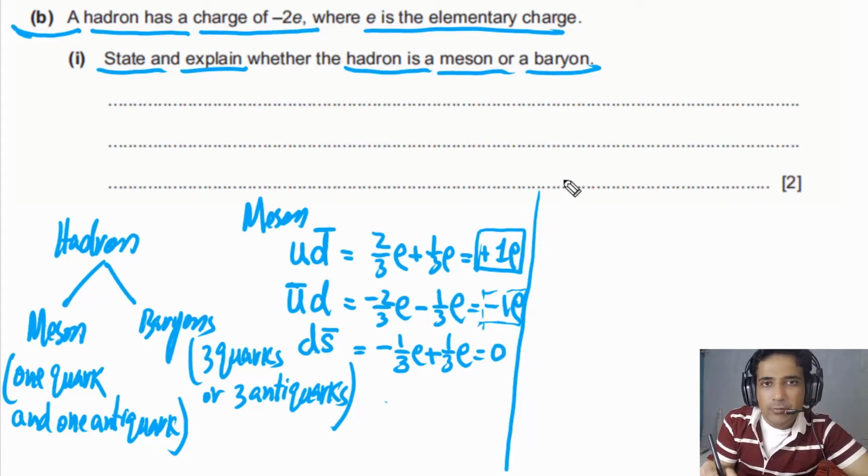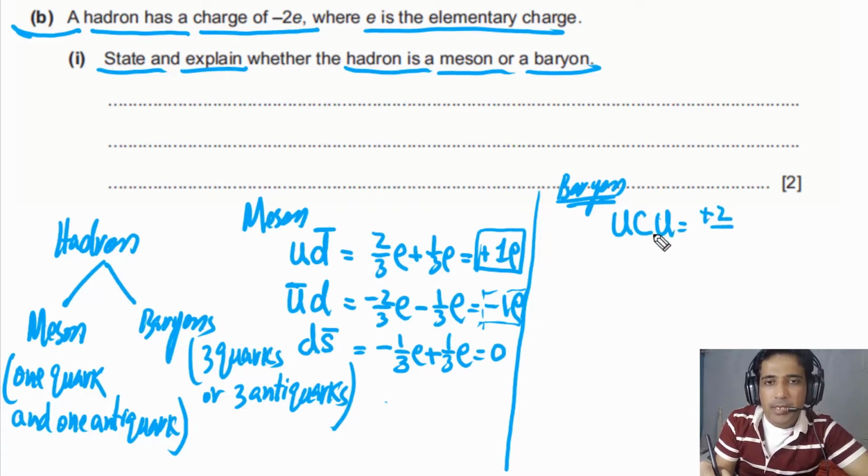Now if we talk about baryons, a baryon consists of 3 quarks. Let's say it consists of one up quark, one charm quark and another up quark. In this case, the charge on each up and each charm quark is equal to +2/3e. And there are 3 quarks, so the charge will be +2e.